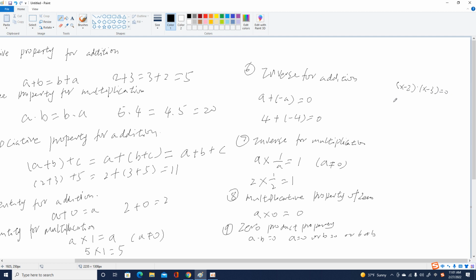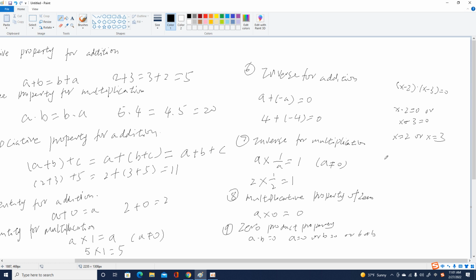So we can get the solution: x minus 2 equals 0, or x minus 3 equals 0. So we get the solution x equals 2 or x equals 3. So this is a usage for the zero product property. Okay.